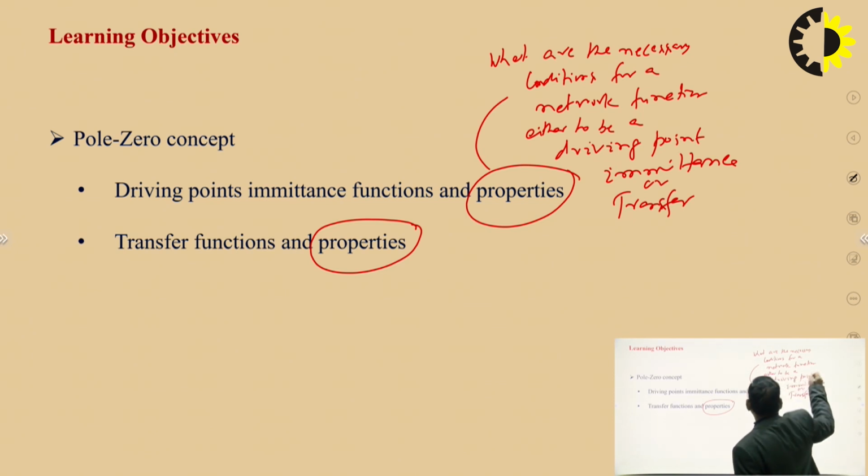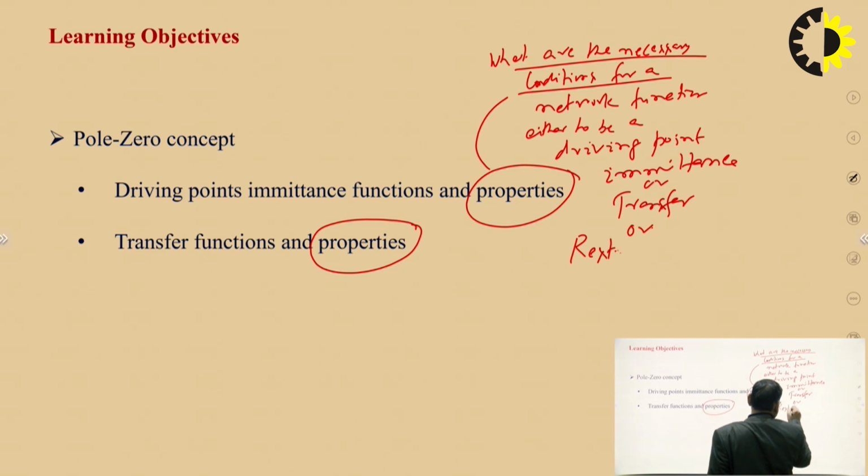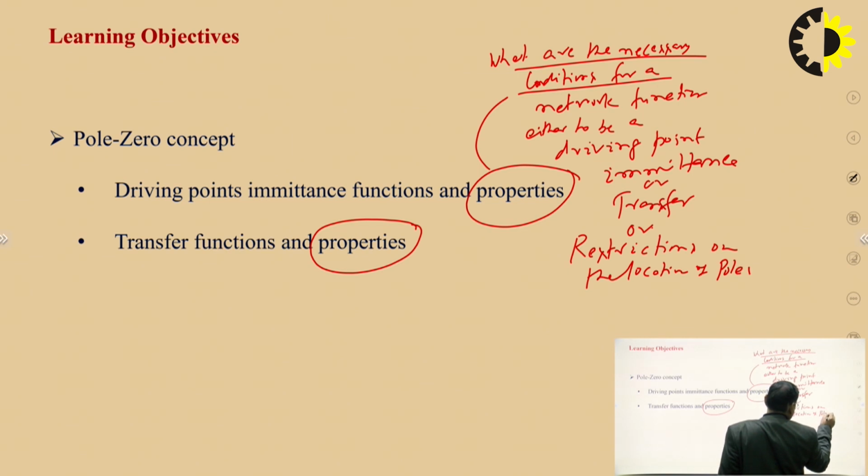That will be decided by certain conditions, or you can say restrictions, on the location of poles and zeros in the S-plane.